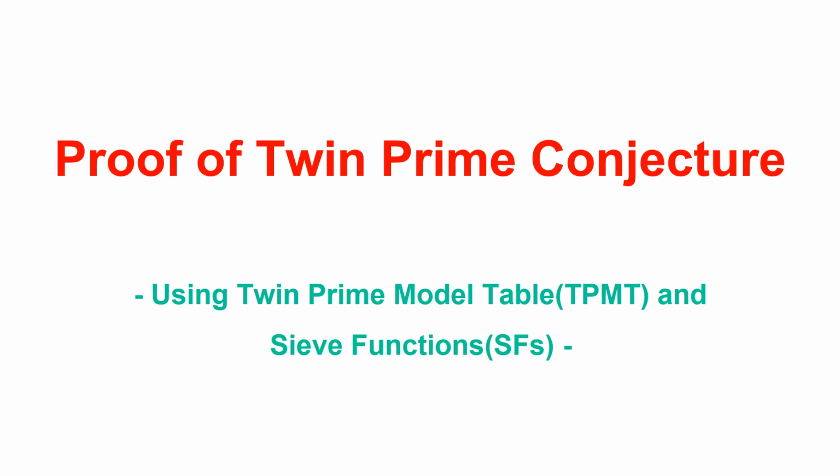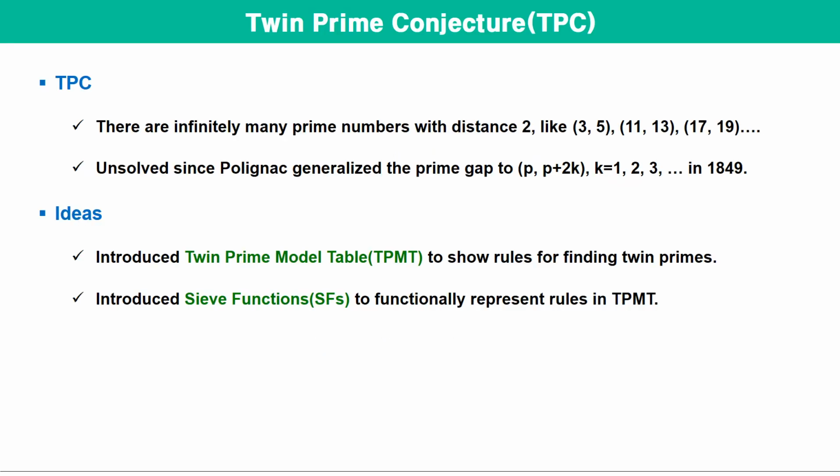In this video, we present a proof of the twin prime conjecture using the twin prime model table and Sieve functions. The twin prime conjecture states that there are infinitely many prime numbers with a distance of 2, like 3, 5; 11, 13; 17, 19.